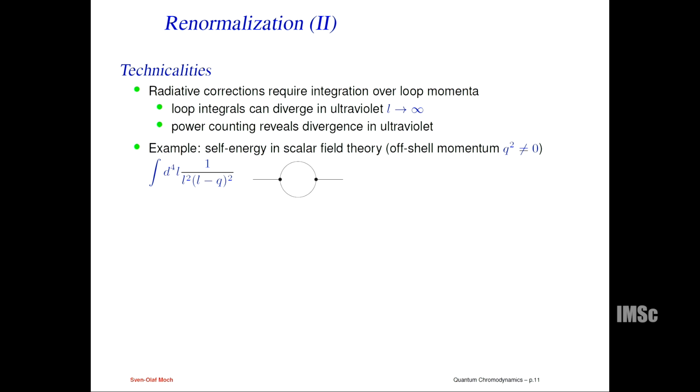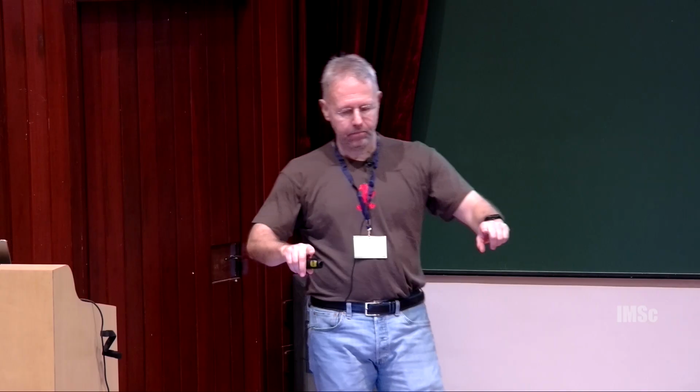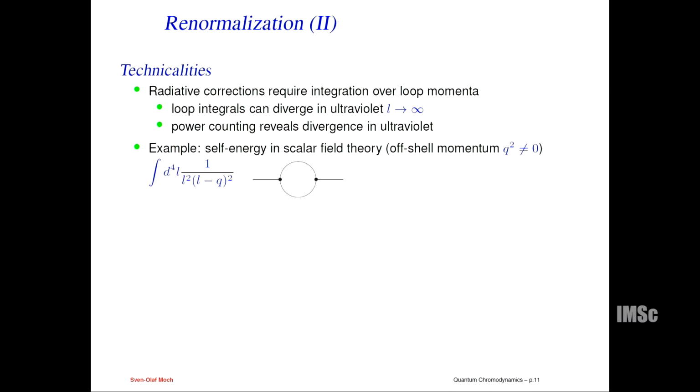So if we are now interested in resolving these quantum effects in a gauge theory, then we have to look at radiative corrections. A simple example is the self-energy in a scalar theory. So you have a scalar coming in and it splits up into two scalars, and then they annihilate again into one scalar, and that's it. So this is the simplest example, I think, of a quantum correction.